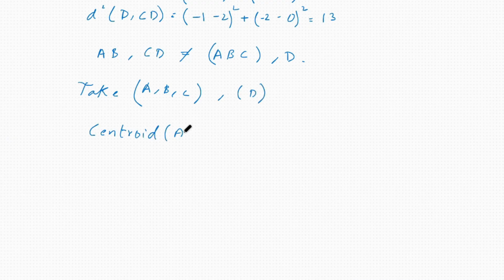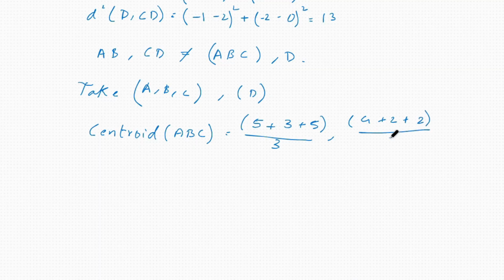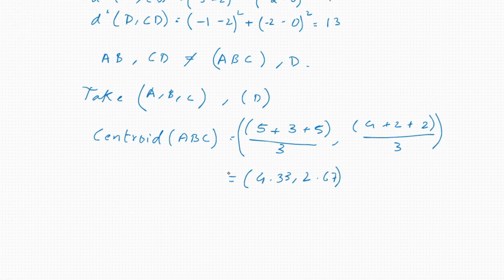Centroid of A, B, C is equal to (5 plus 3 plus 5) by 3, (4 plus 2 plus 2) by 3, which is 4.33, 2.67.